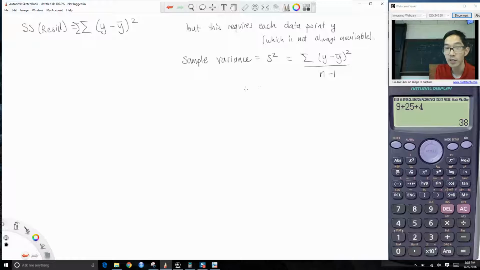Okay, and so this leads us to the fact that n minus 1 times s squared is equal to this part, y minus y bar squared. Okay, and so we're going to just plug this into here, so we'll have our total sum of squares residual.